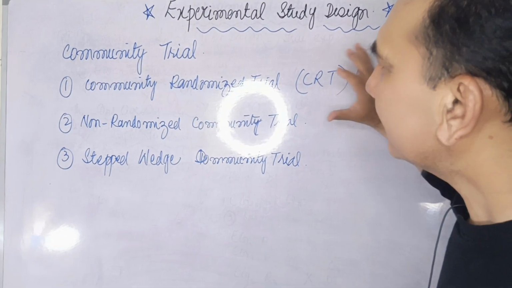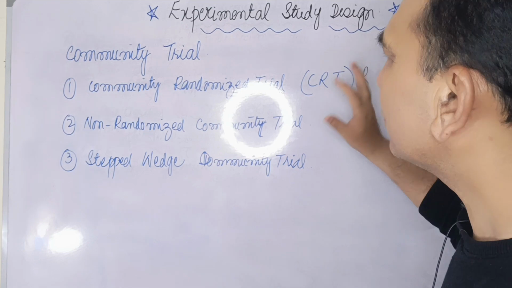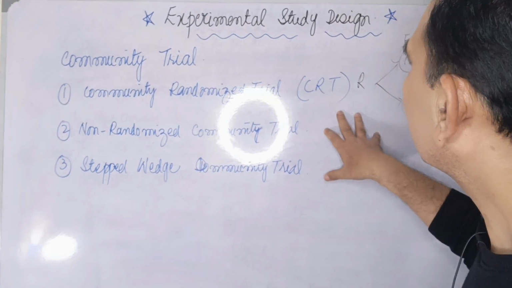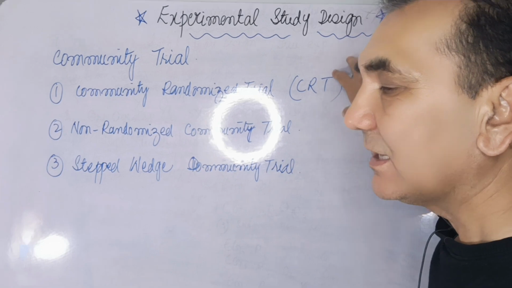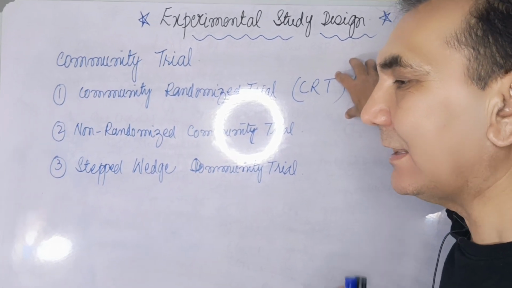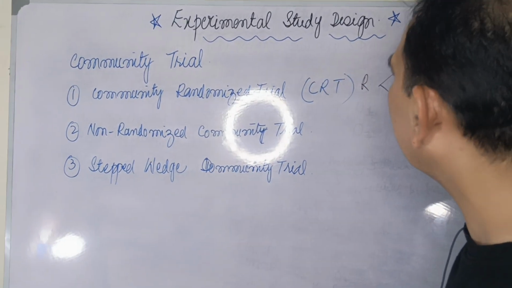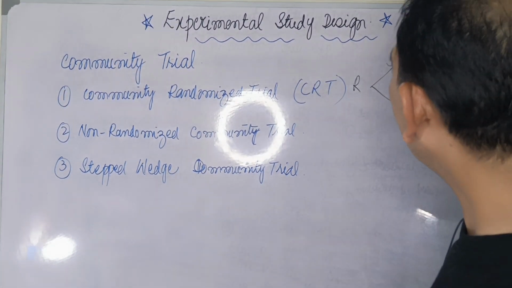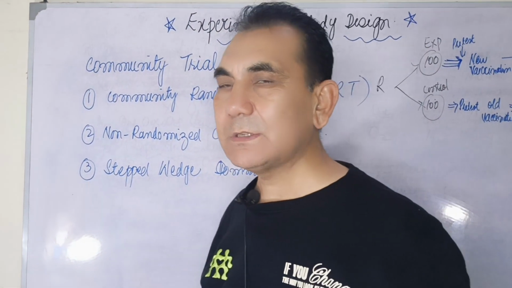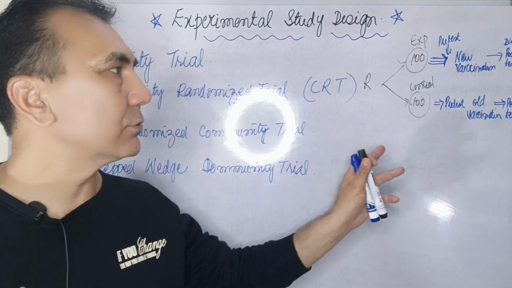So this is the randomized control trial, community randomized control trial, in which the sample is randomly selected and randomly allocated into the experiment group and control group, and the new vaccination and the old vaccination are randomly assigned to the experiment group and the control group.